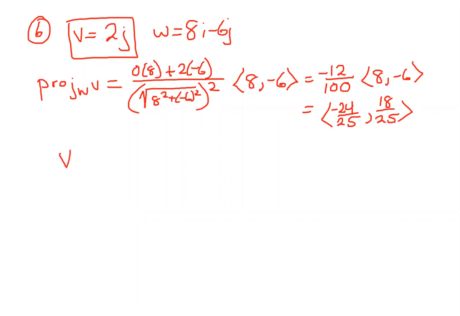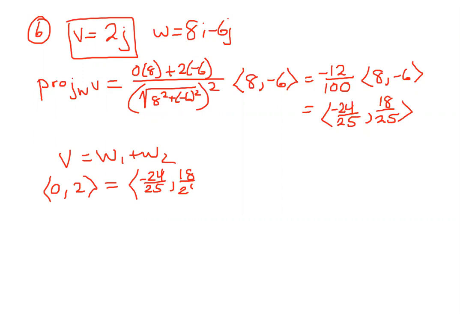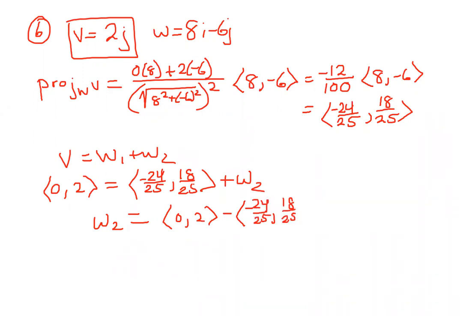So we're going to rewrite V as W1 plus W2. V is 0, 2. W1 is this. And then we're going to solve for W2. Your W2 should be 0, 2 minus -24/25, 18/25.